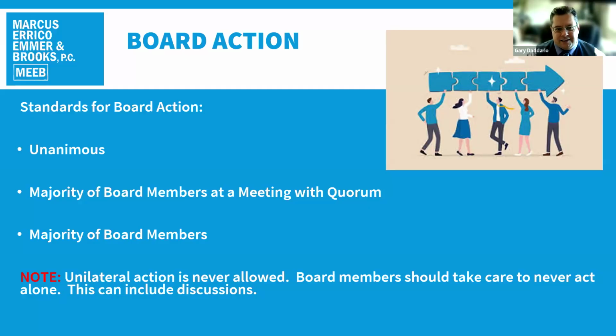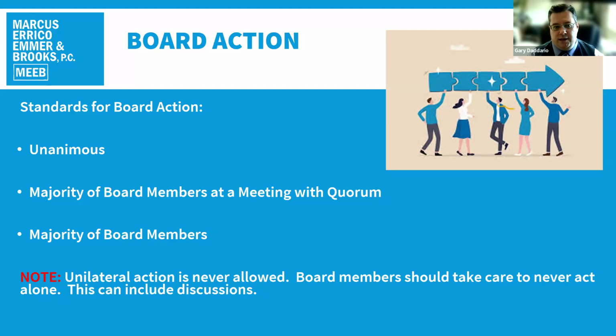Here and there, sometimes they'll set the quorum differently, but that one's pretty consistent. If you're talking about just the board, then quorum gets met once you have a majority of them. And then that's actually the last standard that we see often in the docs for board action, just a flat out majority of the board members.